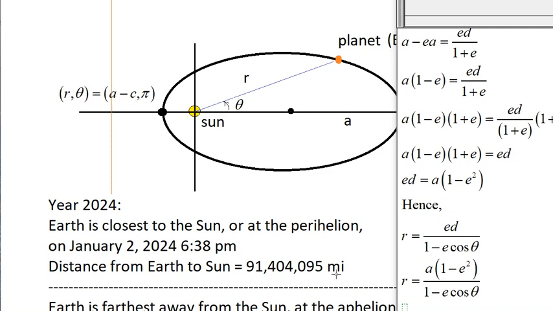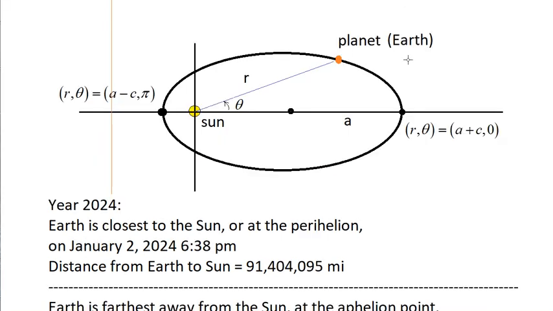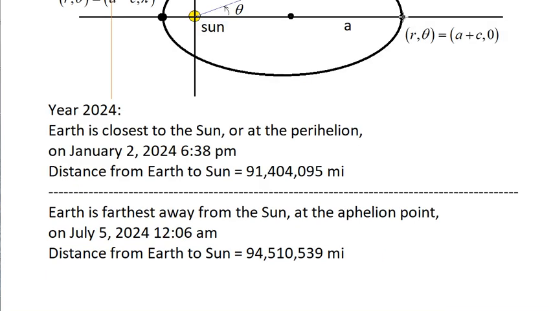Earth is farthest away from the Sun on July 5th, 2024 at 12:06 a.m. And that's when the distance from the Earth to the Sun will be 94,510,539 miles. And thus, Earth is farthest from the Sun when it's located right here.